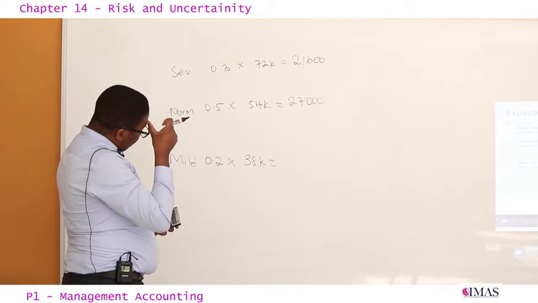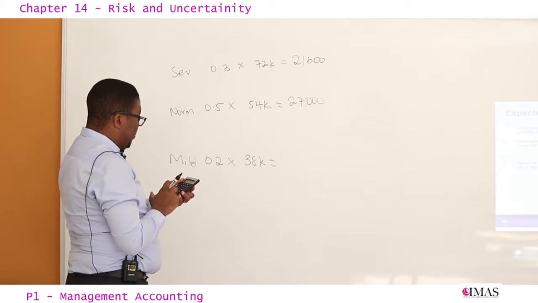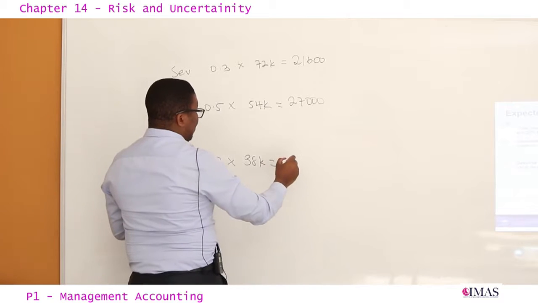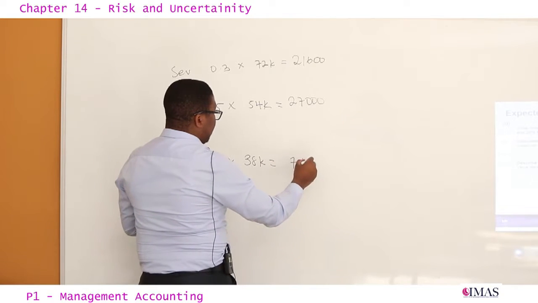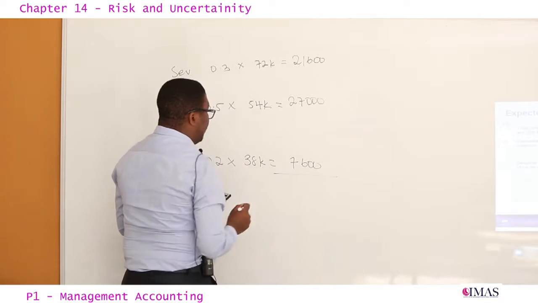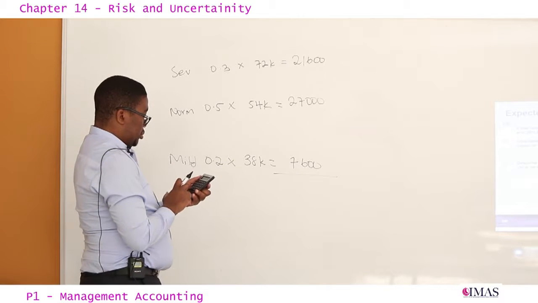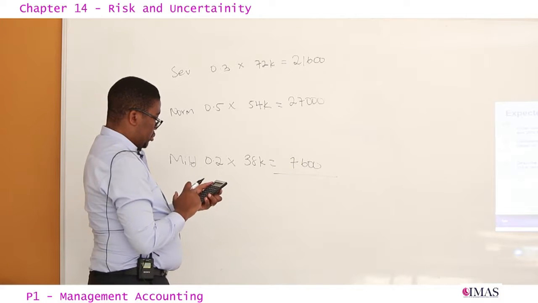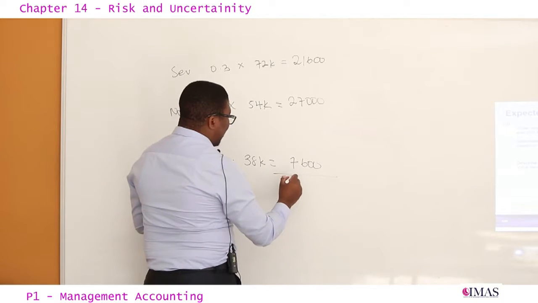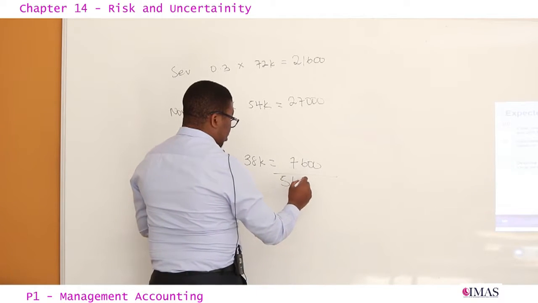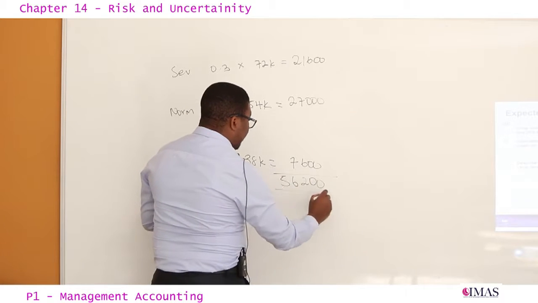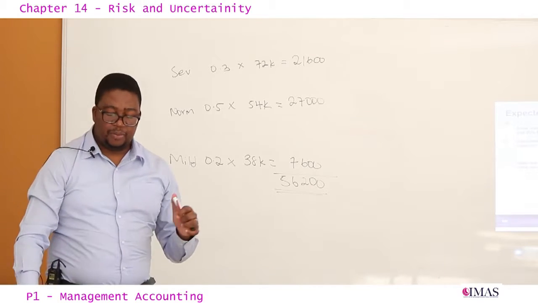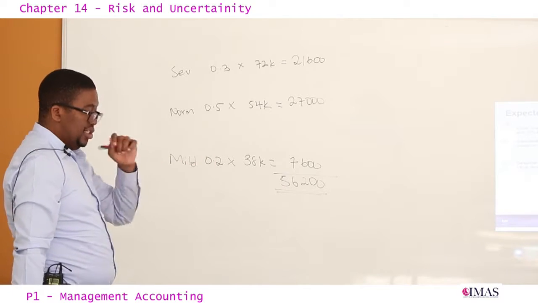Now there's a 20% probability that the demand will be 38,000. Therefore that is 7,600. If you add all of these, the expected demand is 56,200. That's how we calculate. We're saying the expected demand is 56,200.